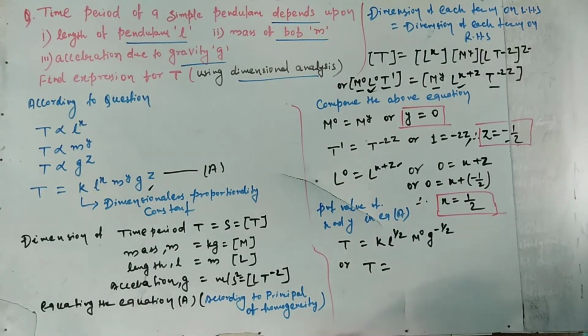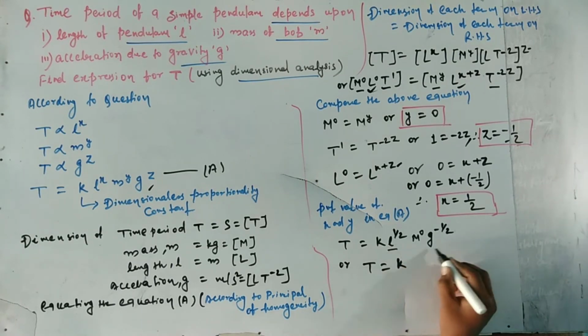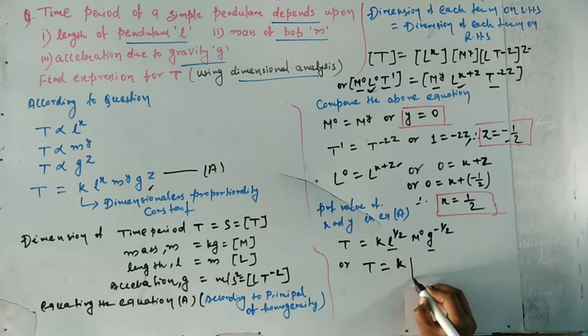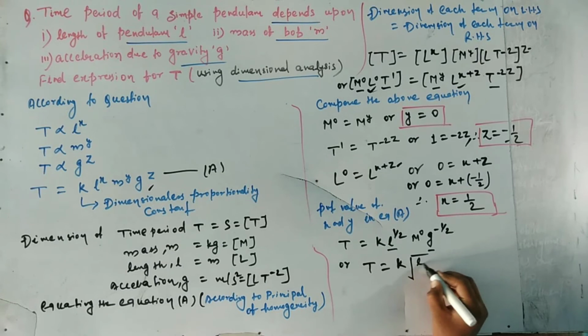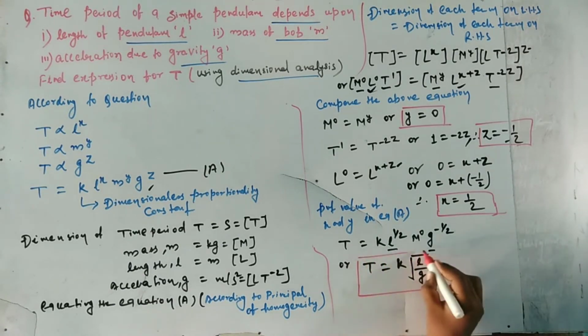Then T is equal to K into, with powers 1 by 2 and minus 1 by 2, a root term. So T is equal to K into root over L by g, because the g power is negative.